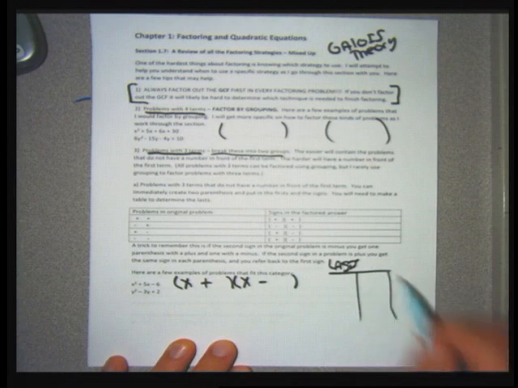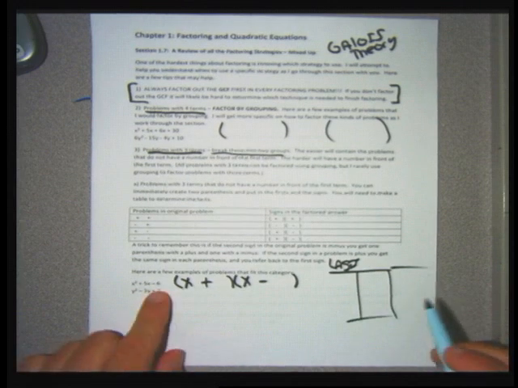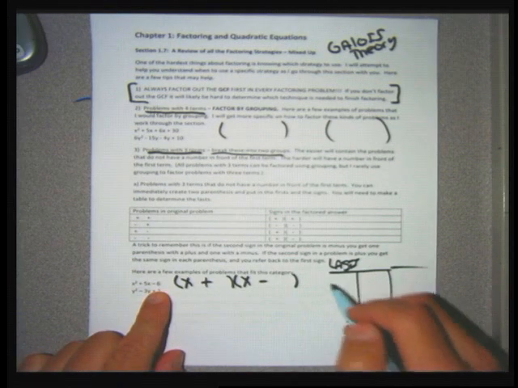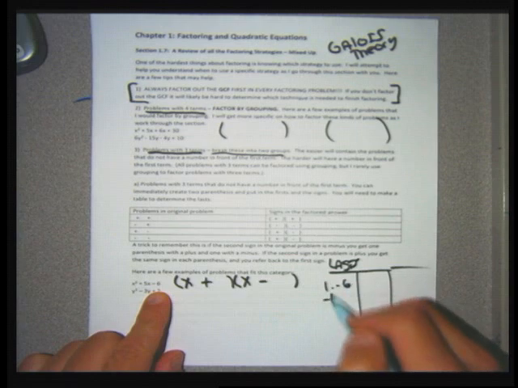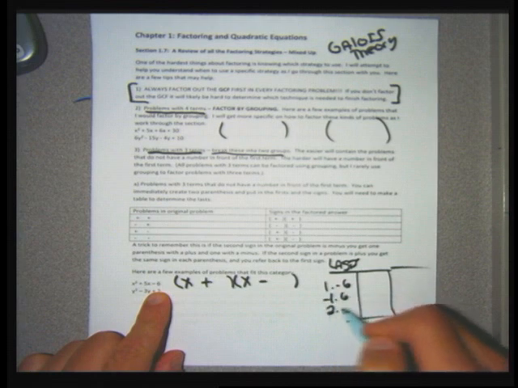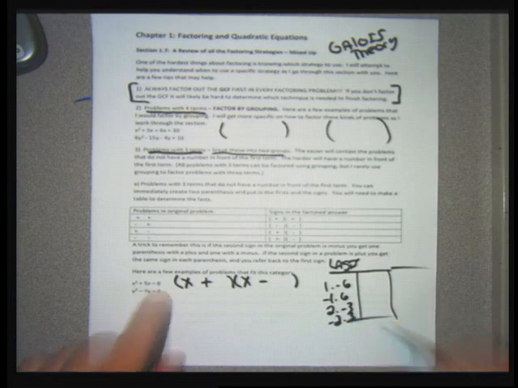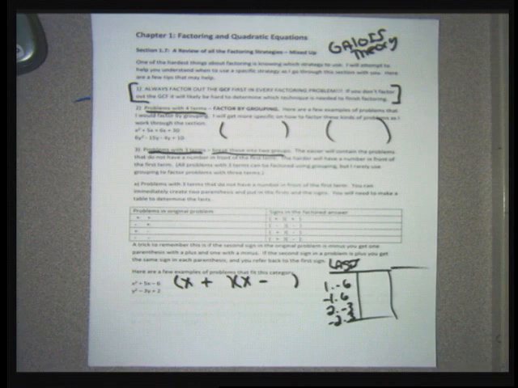The kind of table that we did is we looked at the last number, we figured out factors of the last number, and then figured out which of the lasts were appropriate. So it's the easier of the problems that have 3 terms.